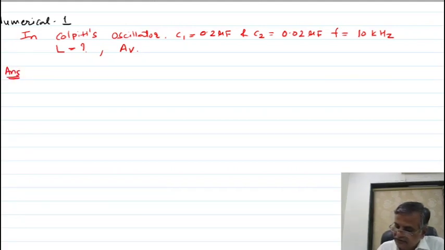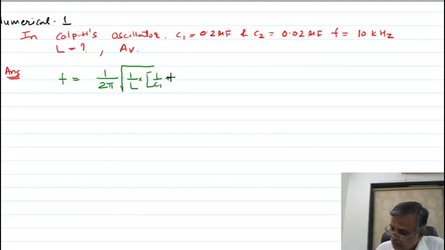We know the frequency equation. F is equal to 1 upon 2 pi into root of 1 by L into (1 upon C1 plus 1 upon C2).